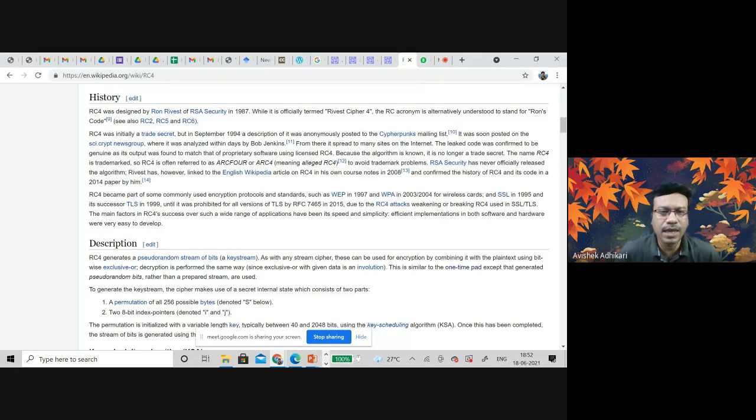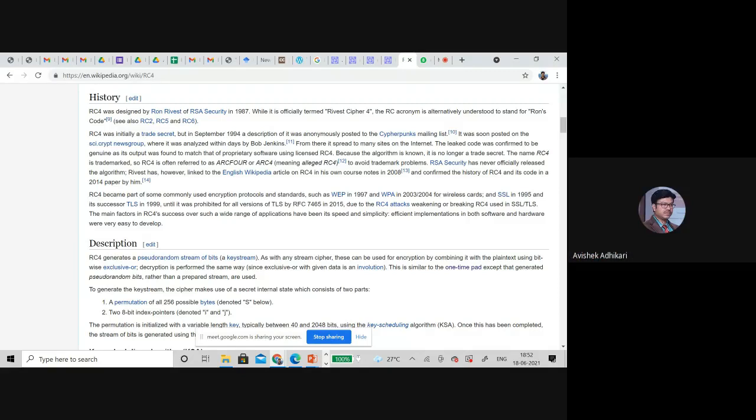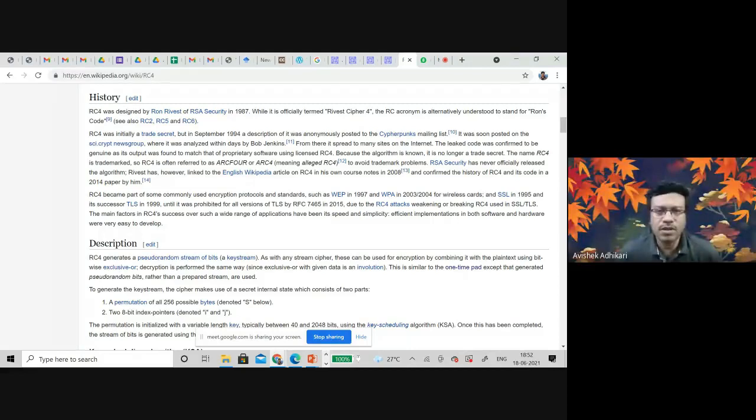So it became an integral part of wireless protocols too. It remained so until the RFC published in 2015 for the version of TLS. Up to 2015, it was considered one of the most popular ciphers used for cryptographic purposes, until the RC4 attacks weakened and broke RC4 as used in SSL or TLS.